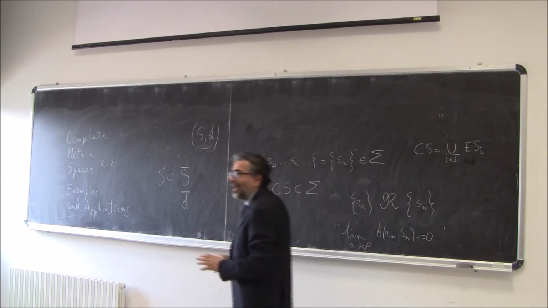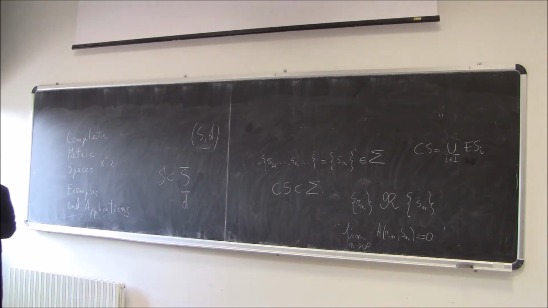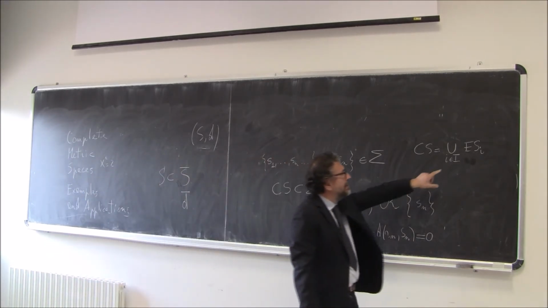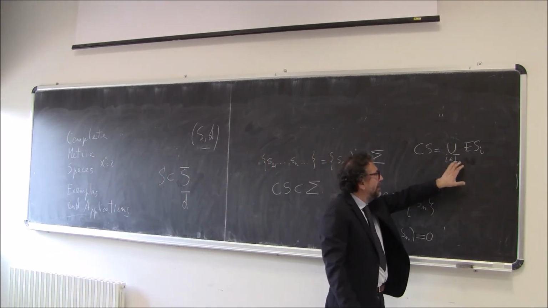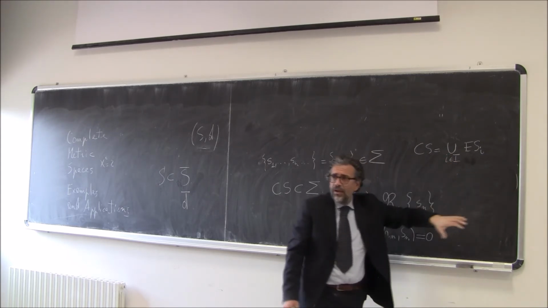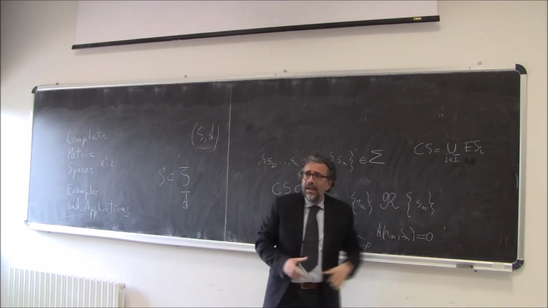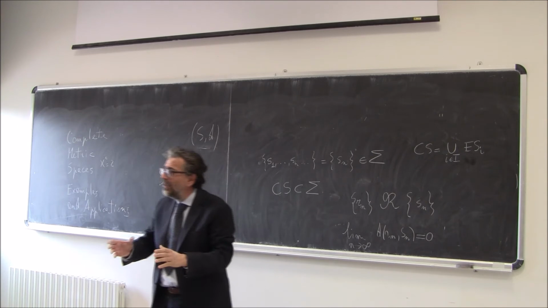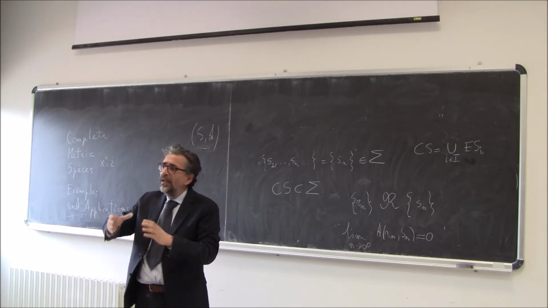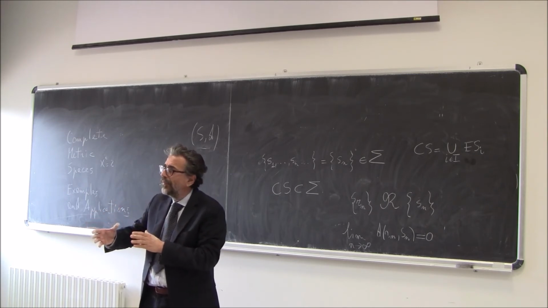So I have a partition of the Cauchy sequences. Look, this index is not finite. In general, it is infinite. Okay. So I take my CS, and this CS can be subdivided as the union of subsets. Okay.